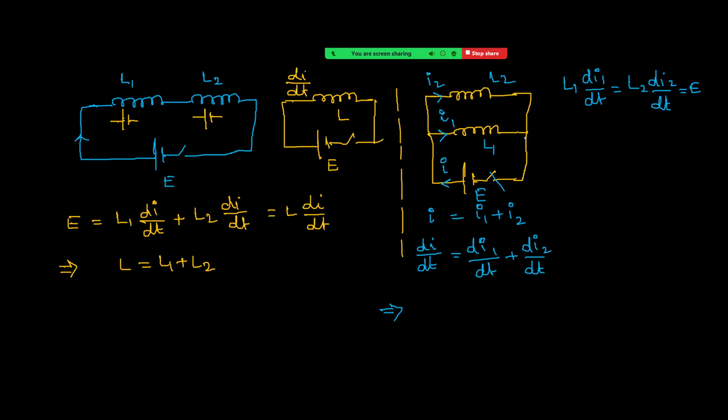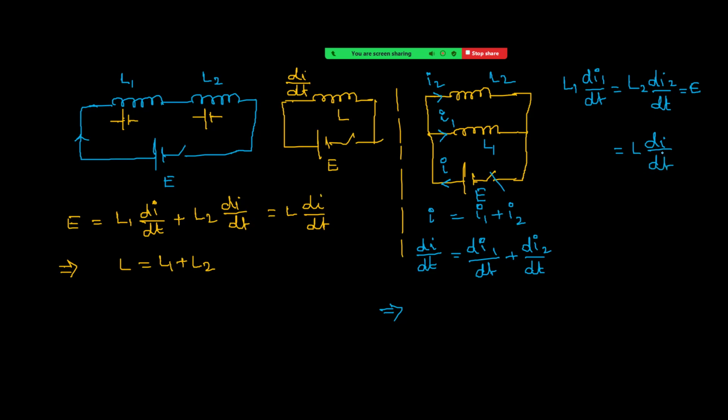Now we want to replace these two inductors with a single inductor so that for the same change in current we get the same EMF. That means it should be equal to L into di by dt.